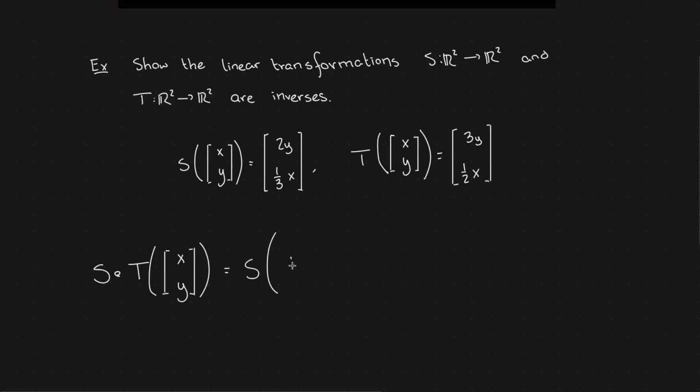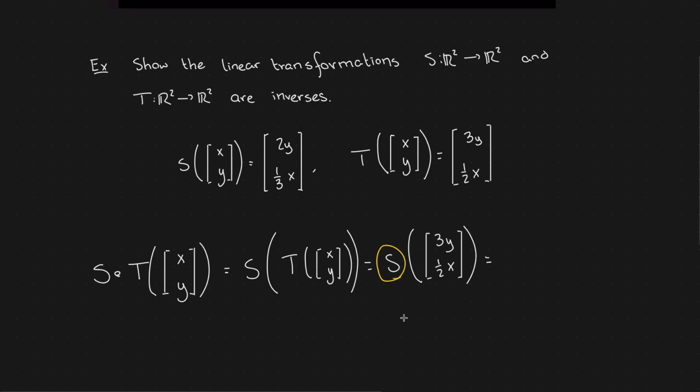So this is S of T of XY. I'm going to start by plugging in my vector into transformation T. That's going to give me 3y, 1/2 x. Now I need to take transformation S, and apply it to this vector, 3y, 1/2 x. In order to do that, 3y is now the first component that I'm plugging in. It's going to take the spot of x in this relationship here.